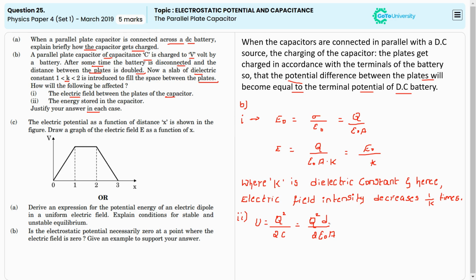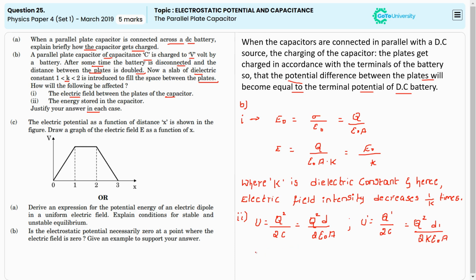Similarly, U dash is equal to Q squared divided by 2C dash, which is Q squared times 2D divided by 2 times K epsilon naught A.